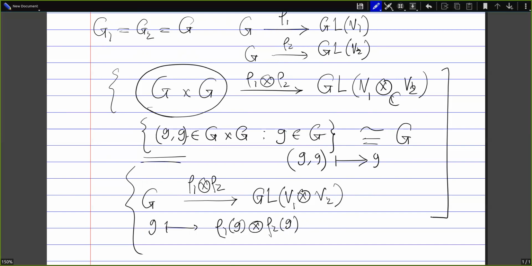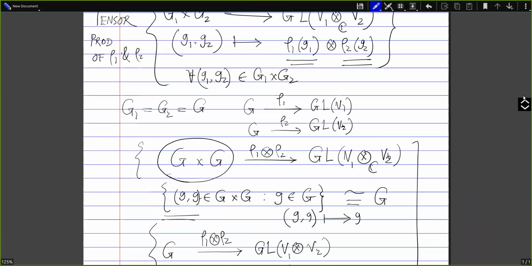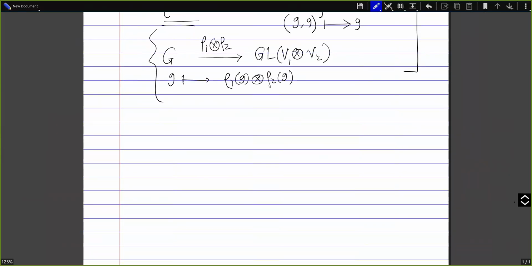So the following theorem gives a complete answer. The theorem that we are going to prove, we will do step by step.